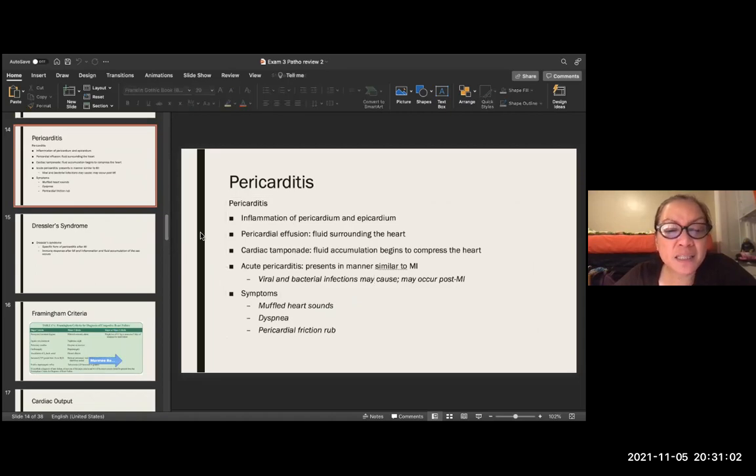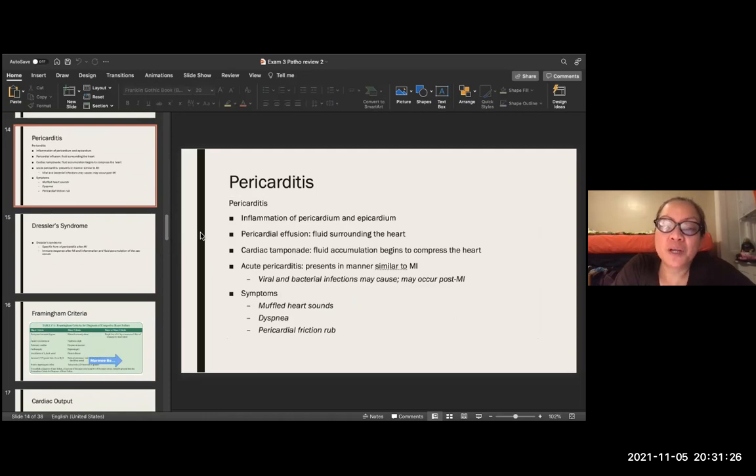Okay, pericarditis. When a word ends in itis, what is that? Inflammation, right? Where is it happening? In the pericardium. And where is the pericardium, Monse? It is the covering of the heart.